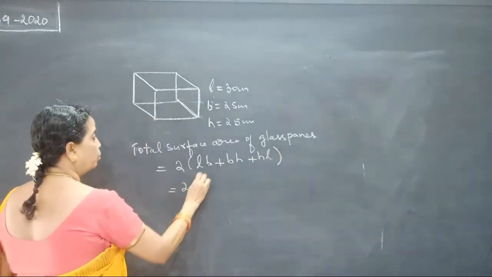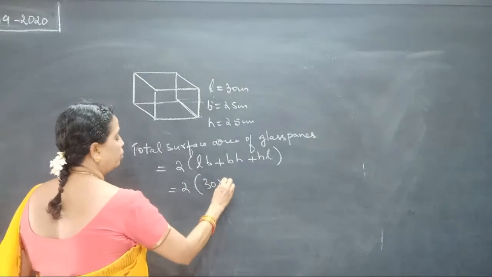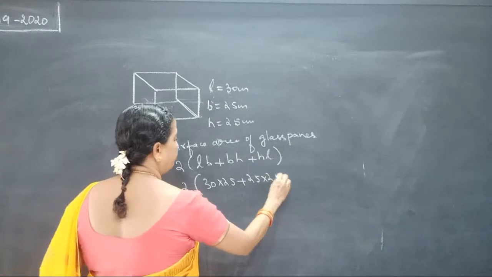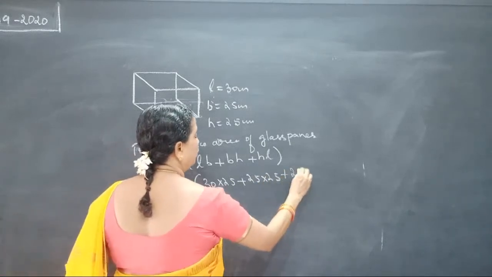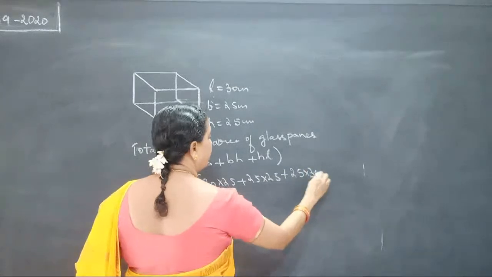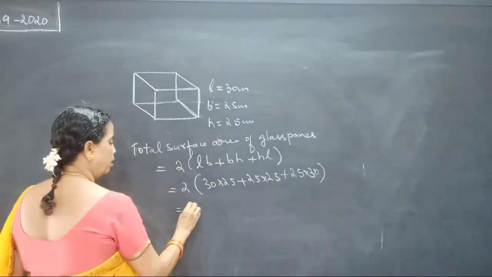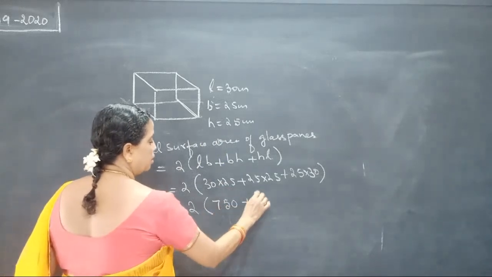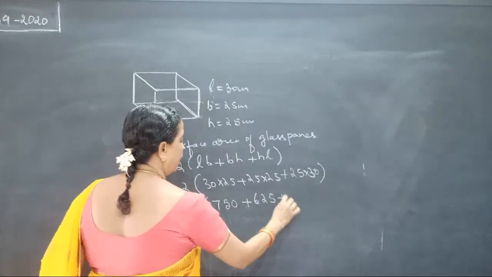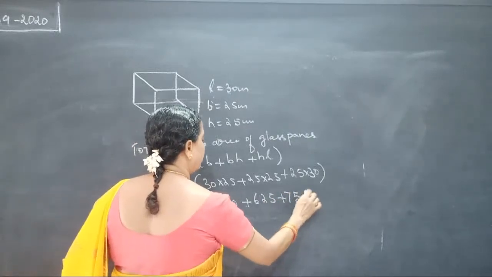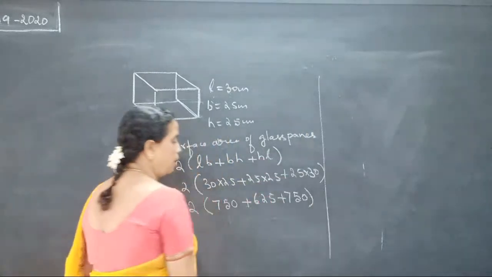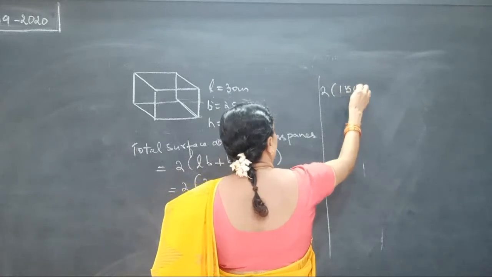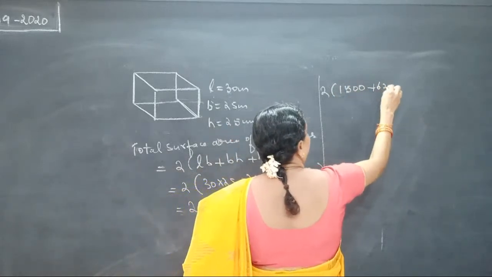It is 2 into (30 into 25 plus 25 into 25 plus 25 into 30). You will get 2 into (750 plus 625 plus 750). You add up 750, 750, it is 1500 plus 625.